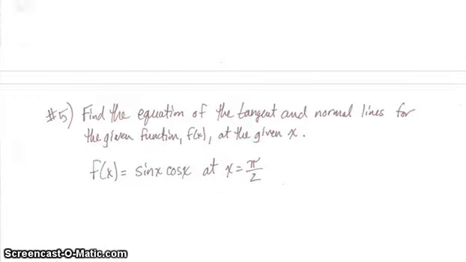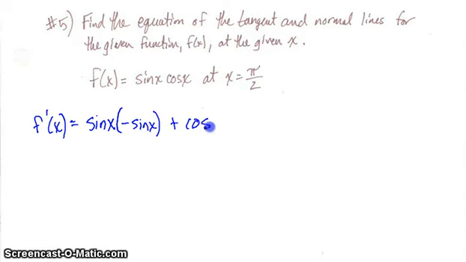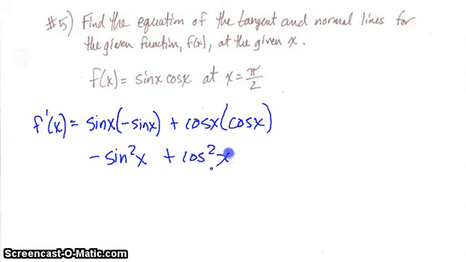All right. And finally, find the equation of the tangent and normal lines if we have some trig functions. All right, so now we have trig function and we have a product rule. So we need to make sure we find the derivative appropriately. So hopefully you guys can remember that we're going to do derivative of the second, which is negative sine of x, plus the second times the derivative of the first, so that I get negative sine squared x plus cosine squared x is my derivative.